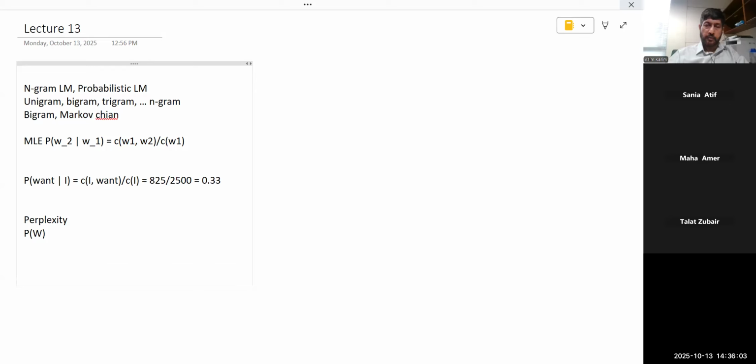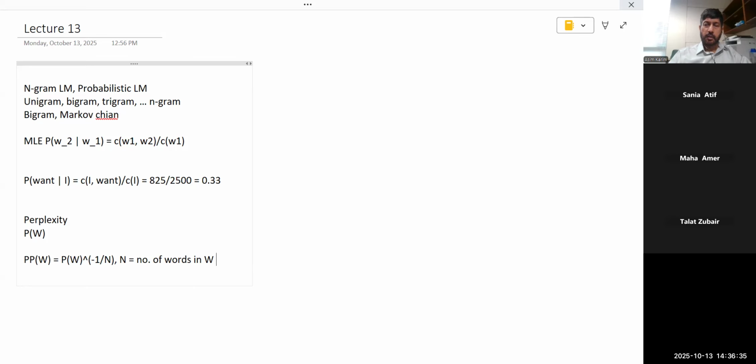So perplexity of some corpus W is basically the probability of W raised to the power of minus 1 over n, where n is equal to the number of words in W. ठीक है. So this is called the perplexity.